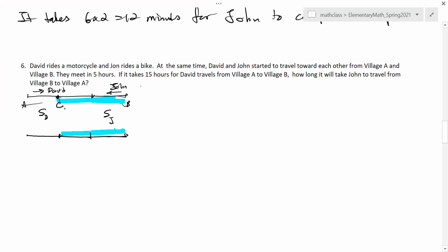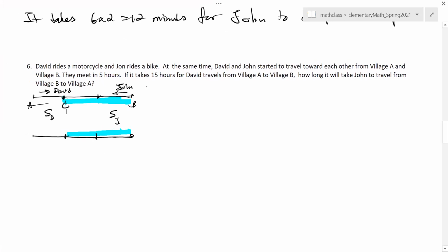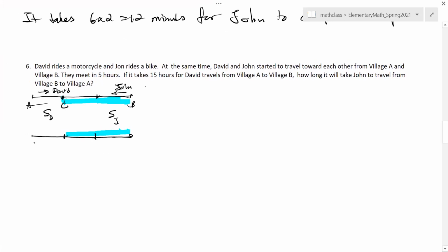We don't know the distance between A and B. We don't know the distance between C and B. But for David, he has 5 hours, then continues 10 hours. This is the picture. So for that section, it takes 10 hours for David to travel, but it only takes 5 hours for John.